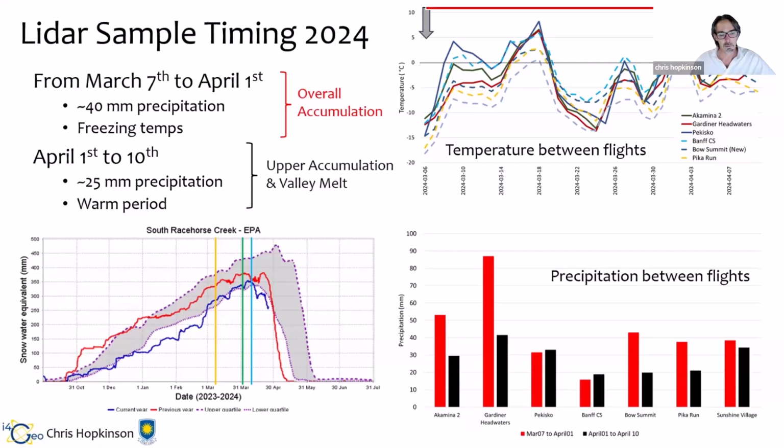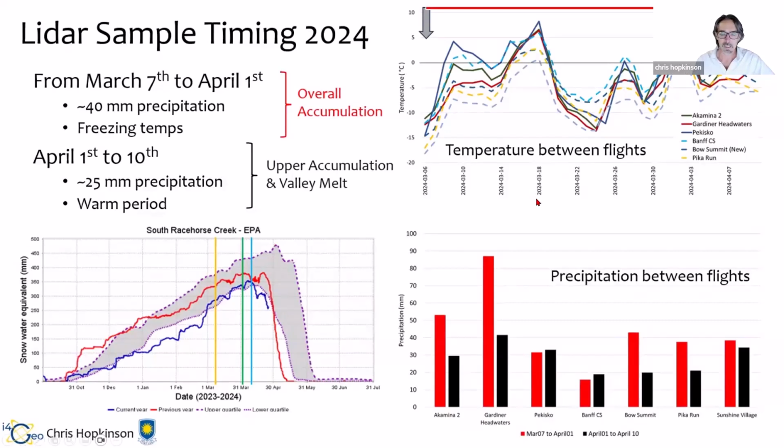So what we actually saw in the field was that the snowpack was in fact melting out in the valley. But meanwhile, there was still accumulation at high elevation. So in the April data collections from the 1st to the 10th, we would see high elevation accumulation, but low elevation melt. Meanwhile, from March 6th and 7th through to April 1st, it was just net overall accumulation.